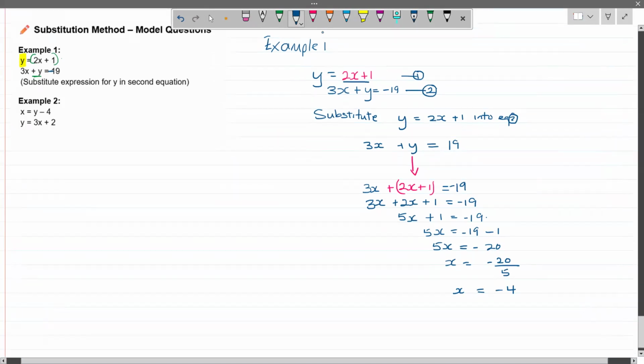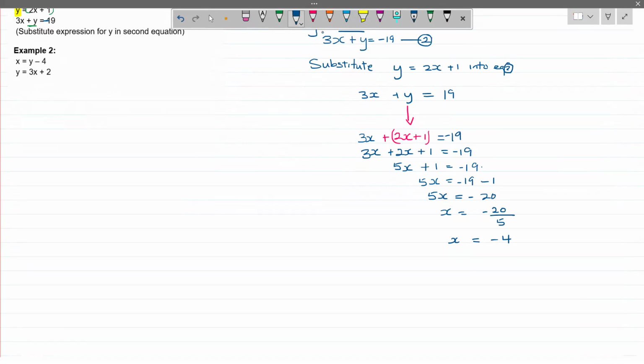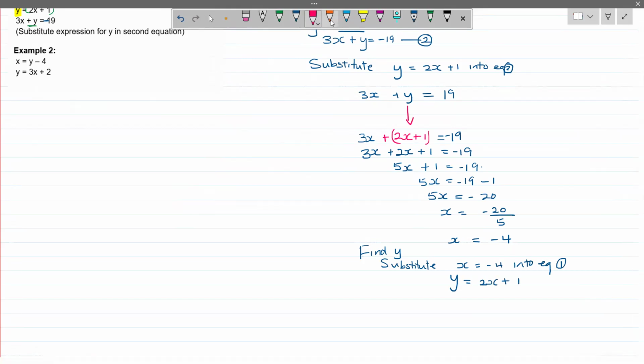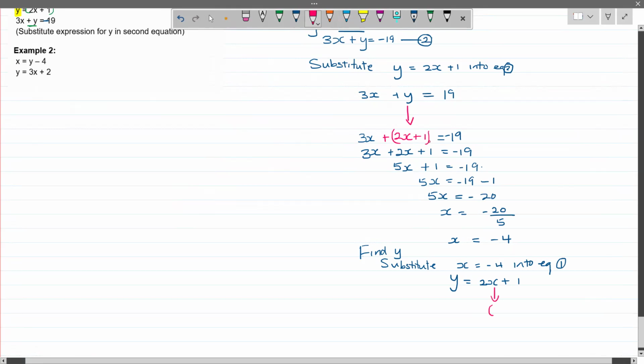And then if we find x to be negative 4, we could then find y. We could substitute x is equal to negative 4 into equation 1. What is equation 1? Y is equal to 2x plus 1. We're replacing this x with our negative 4.